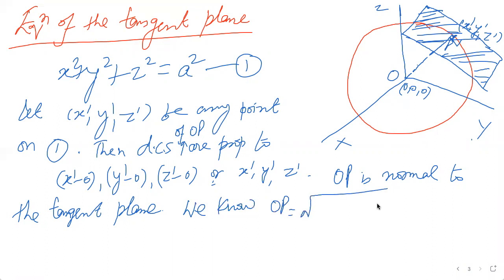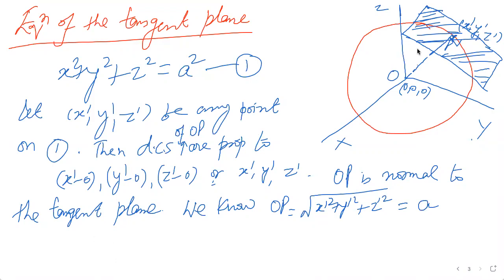Under root, by the distance formula, x dash square plus y dash square plus z dash square. Because OP is the radius, which is a of course.